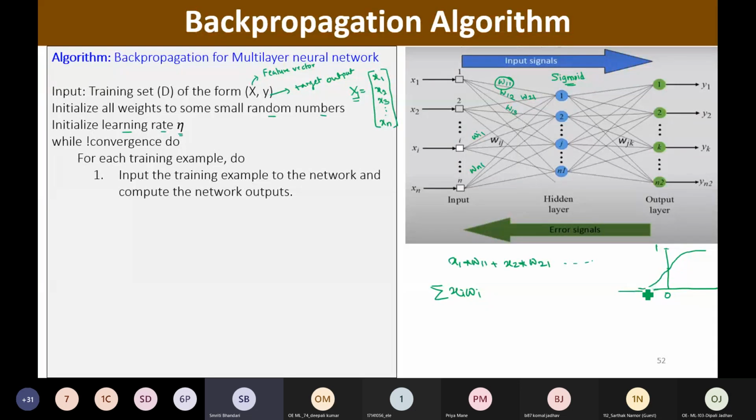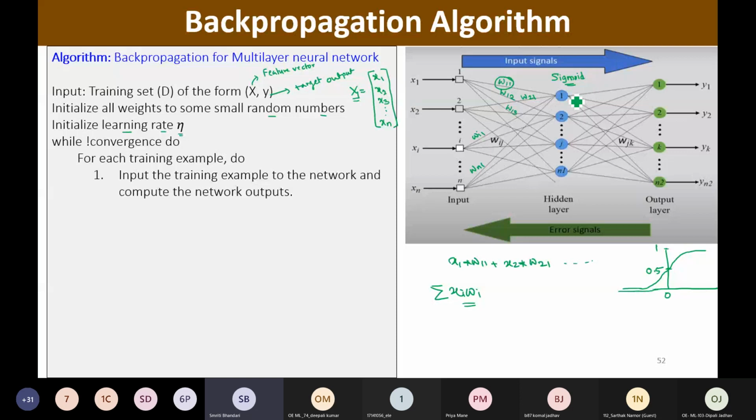So our sigmoid function looks like this. This is my activation function, right? And this is 0.5. So this sigmoid function will produce the output. What is the input for this sigmoid function? This summation. Based on this, the sigmoid function will give me an output in the range 0 to 1. So that output I'll be getting at this sigmoid, right?